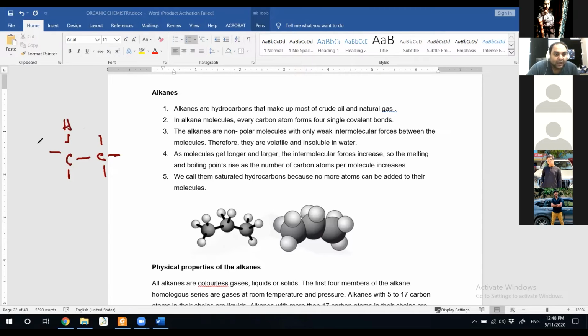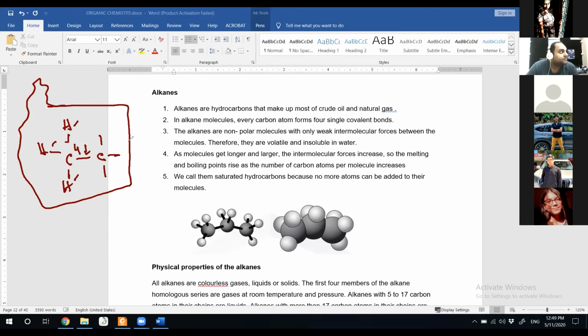In alkanes, they are already bonded to 4 other atoms. Here, 1, 2, 3, 4. So is there any room for other atoms to come in and get bonded? No, sir. Because this carbon is already bonded to 4 other atoms, right? This carbon is already bonded to 4 other atoms.